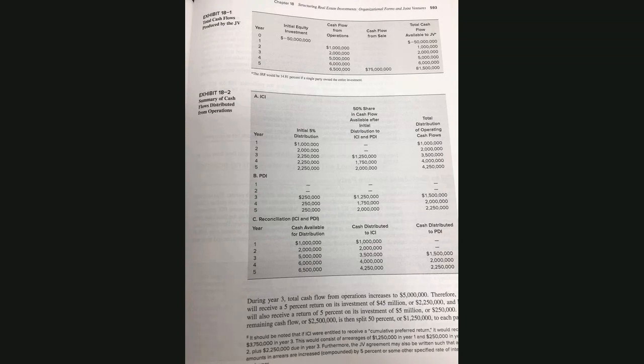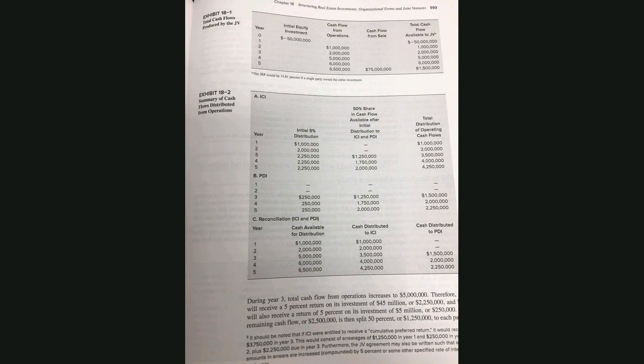It has initial equity investment, cash flow from operation is all of these numbers, cash flow from sale eventually is, if the total cash flow that's available to the joint venture is basically all these numbers copied from over there, right?